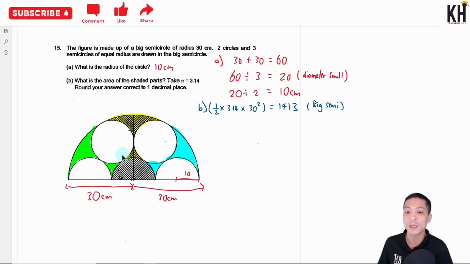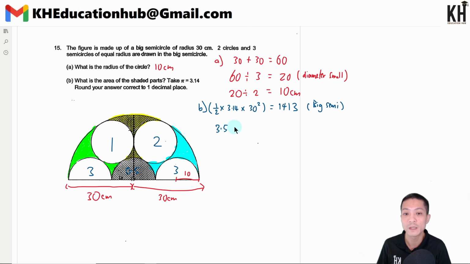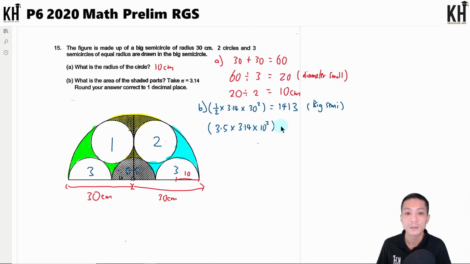Then now I'm going to calculate the small circles. So there's a total of 1, 2, 3, and this is a 0.5 or half. So it's going to be 3.5. I'm going to use 3.5 times 3.14 times 10 squared.